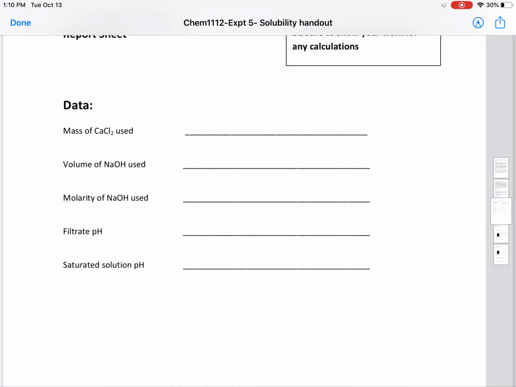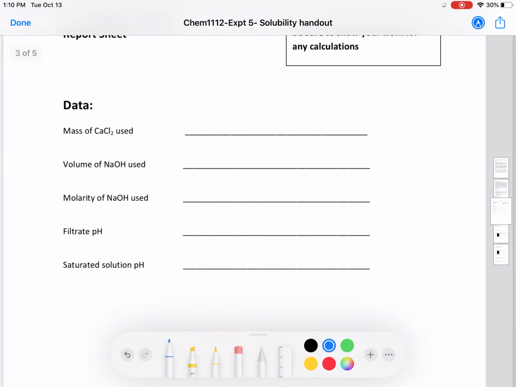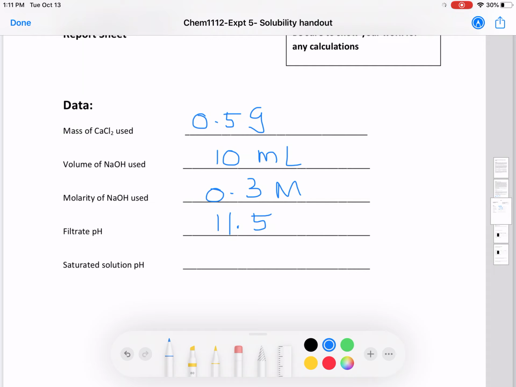The mass of the calcium chloride used is 0.5 gram. Volume of the sodium hydroxide, 10 milliliters. Molarity 0.3 molar. The filtrate, meaning once you initially made the solution, pH 11.5. And then the saturated solution pH 12.